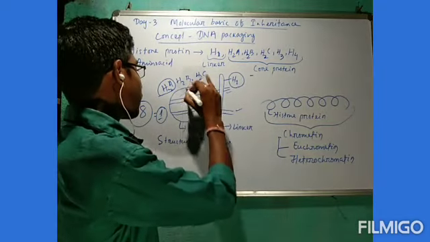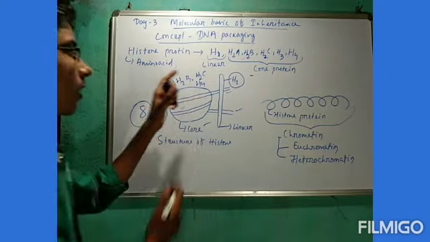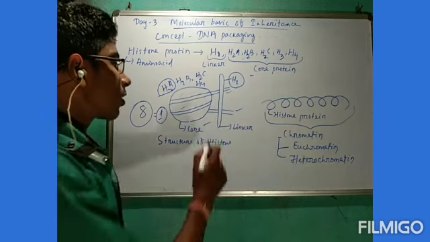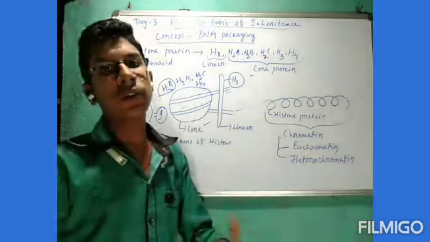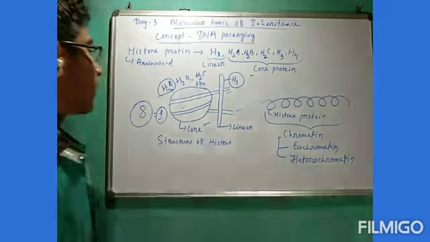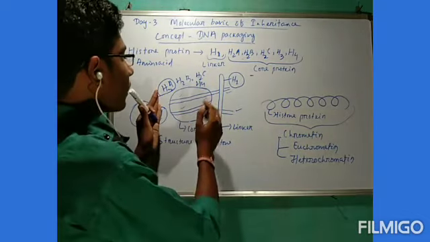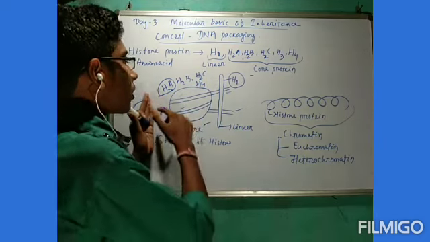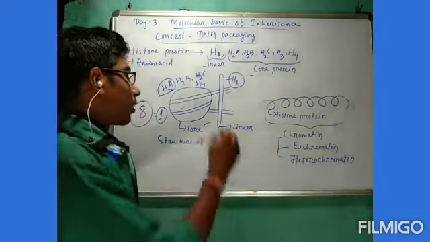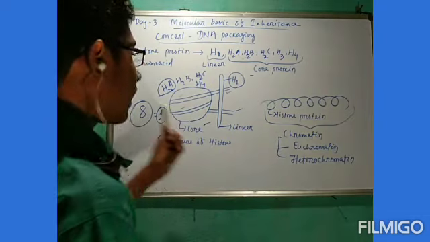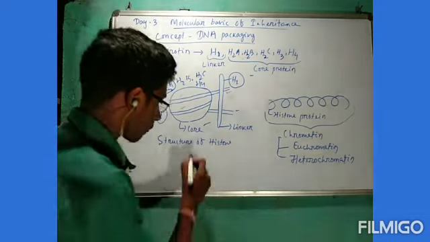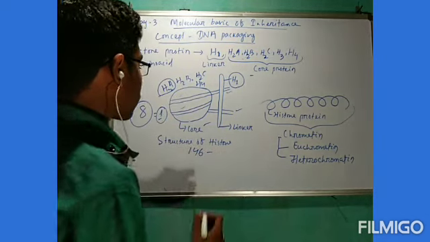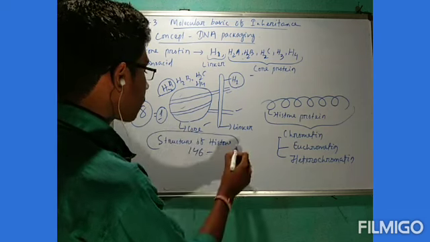The DNA wraps itself around the core protein, and the linker helps to link the two ends of the DNA. When the DNA wraps around the core protein, 146 base pairs are needed for completing the structure of the histone protein.